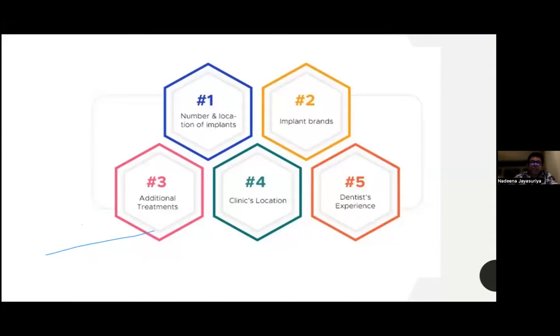When a patient comes and asks how costly an implant is, there are a lot of factors which contribute to this. If you understand this, you can tell the patient why a dental implant is costly. One is the type of implant, the brand of the implant, and the location where you practice.